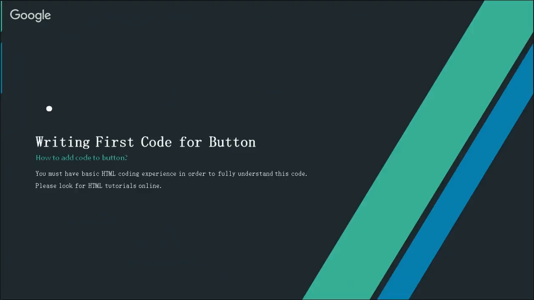Now in this webinar, we will be moving ahead to develop a button and add some operations to that button. So let's go ahead and start Android Studio. And I recommend all of you who are listening and watching this webinar right now to also start your Android Studio so that you can follow me at the same time.